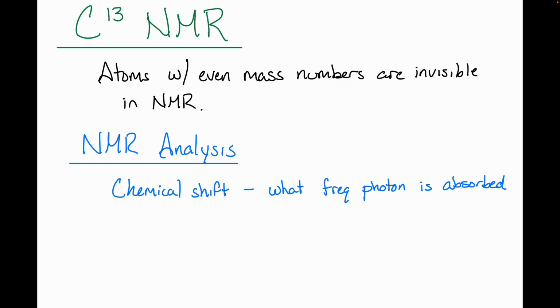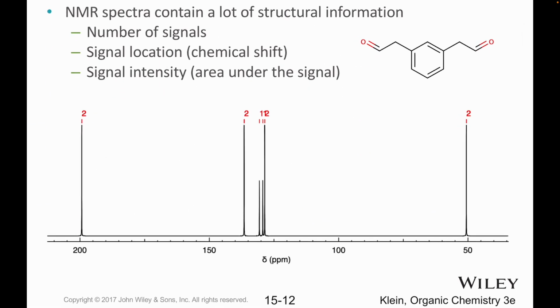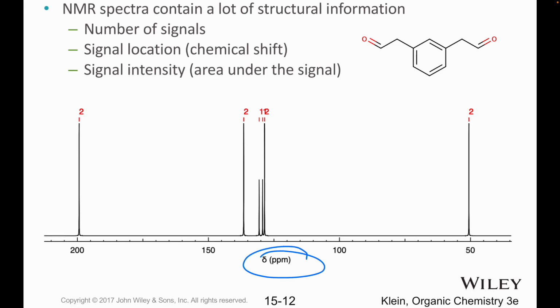So if we look at a sample NMR spectrum here, we see down at the bottom there's this little lowercase delta in ppm. This is what we call the chemical shift. And just like your x-axis in all spectroscopy, it really corresponds to the frequency or wavelength of the photon that you're sending in, right?